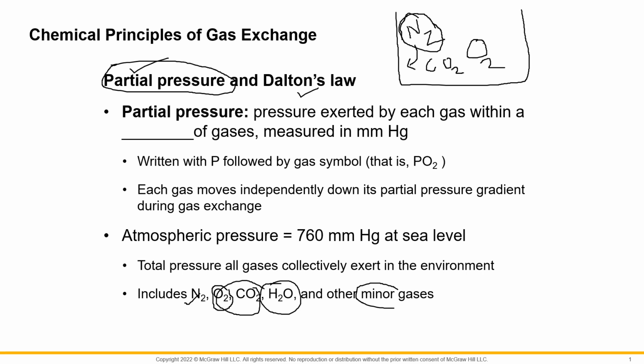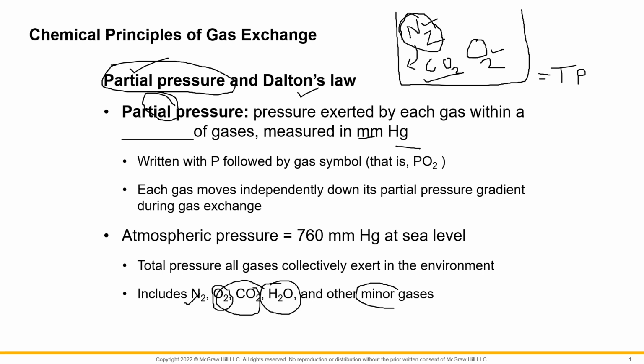Now, the partial pressures of nitrogen gas plus oxygen gas plus carbon dioxide would be the total pressure of gases within this container. So essentially, what Dalton's law states is that in a mixture of gases, each individual gas is going to exert its own individual pressure, and that pressure is called partial pressure, and it is measured in millimeters of mercury.